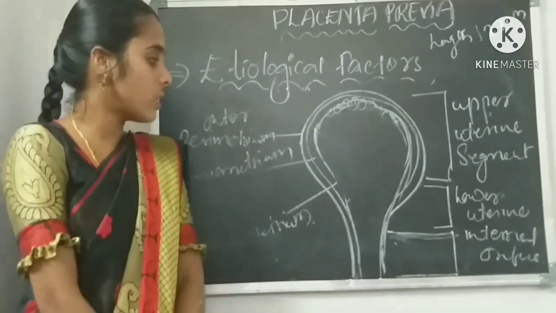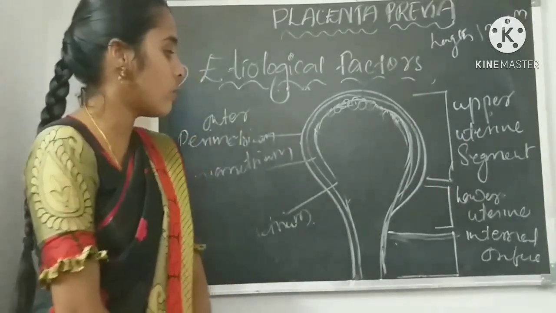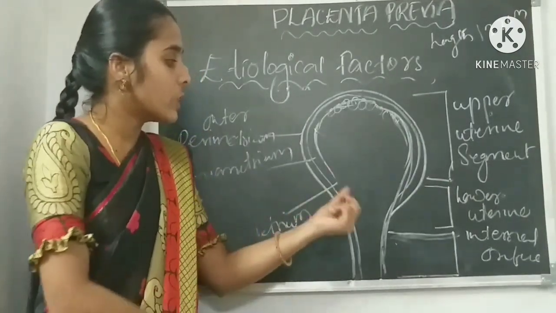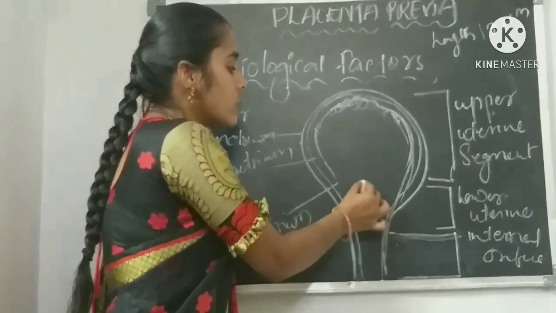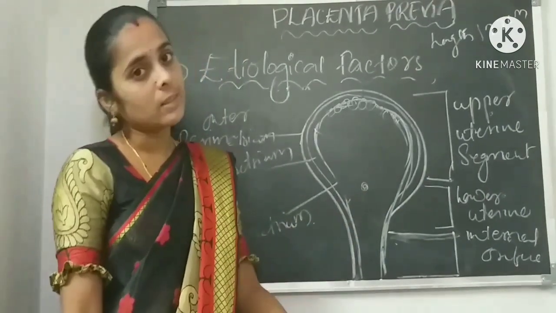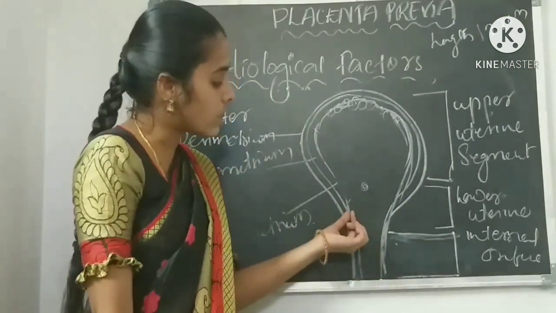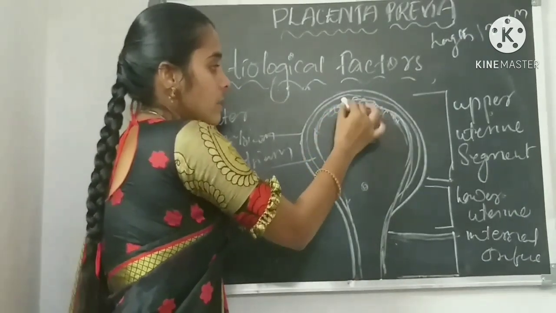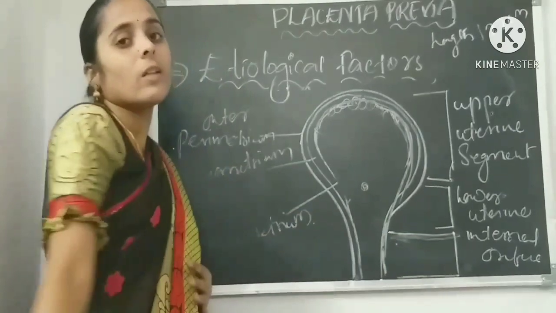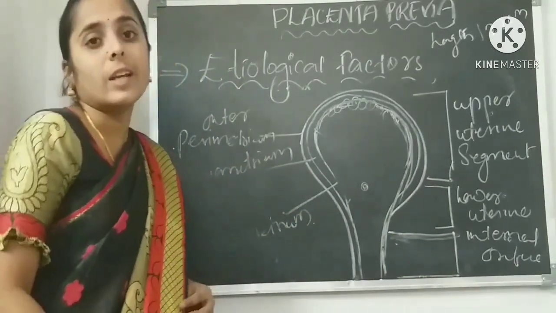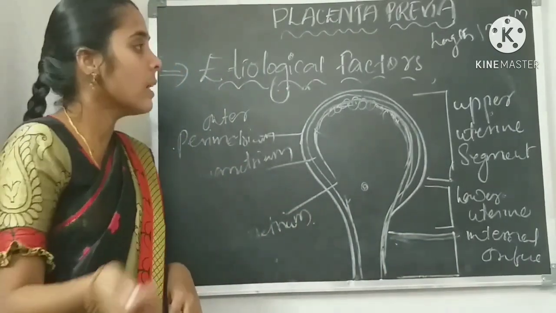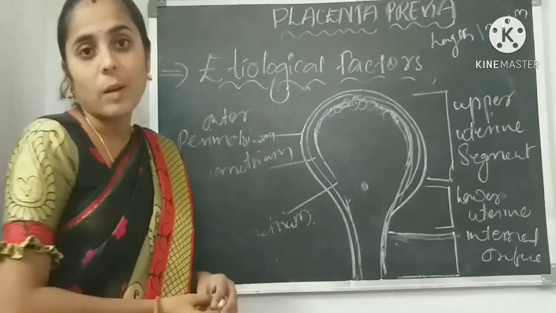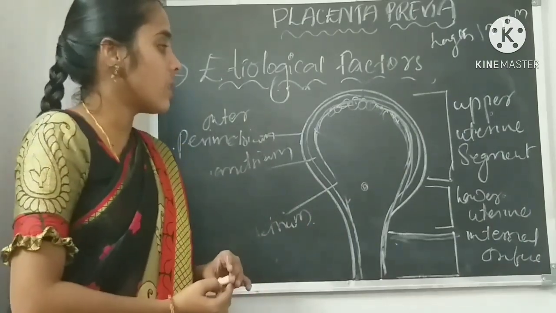First, I will say once again the etiological factors. If the fertilized ovum is implanted in the lower uterine segment, then the implantation of the placenta will also take place in the lower uterine segment. Next, if the lining of the endometrium has any abnormalities, the implantation of the placenta will take place other than the endometrial site. Next is a big surface of the placenta.